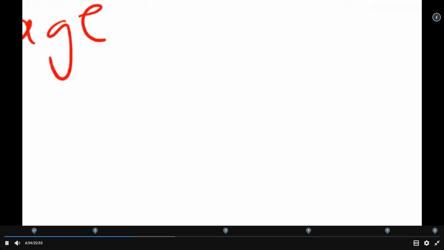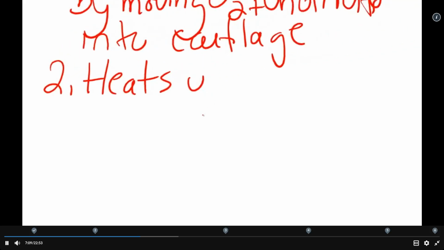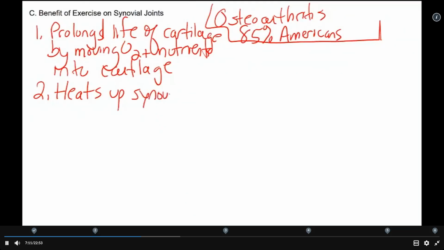And of course, the reverse is true by moving waste and CO2 out. In addition, when people exercise, the synovial fluid heats up, which makes it a better lubricant. So again, exercise heats up the synovial fluid, which makes it a better lubricant.